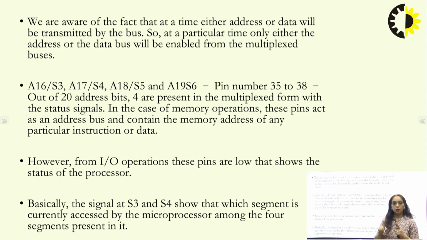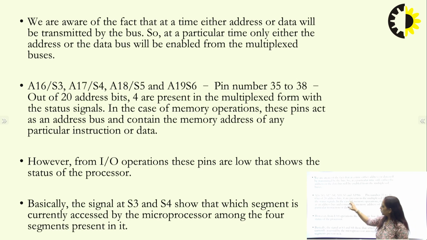So out of 20 address lines, 16 address lines are multiplexed with data lines, and the rest 4 address lines are multiplexed with status signals. In a memory operation, these pins act as an address bus and contain the memory address of any particular instruction. However, in an IO operation, these pins are low, that shows the status of the processor.